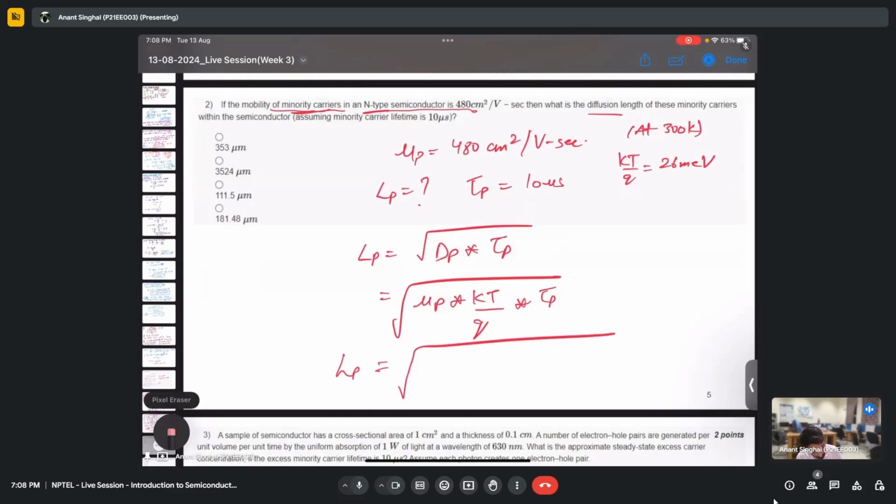So mu p is given as 480. Then we have 26 times 10 raised to power minus 3, which is in electron volts. This is in centimeter square per volt second. So we need to divide it by, I guess, tau p, which is 10 microseconds. Yeah, just let me know what is the value that you are getting.